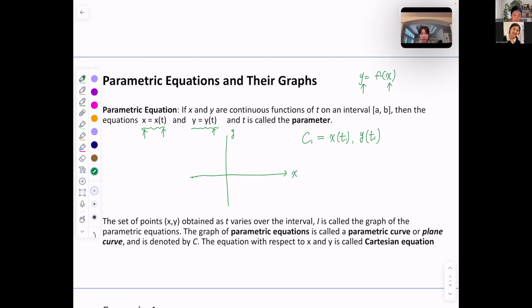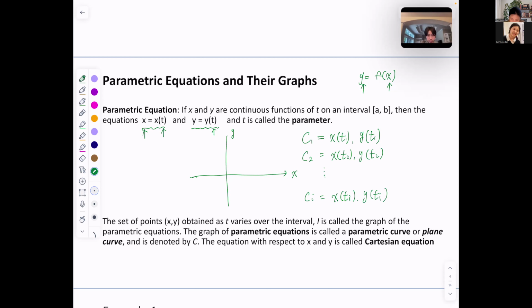Okay, so x and y, this is a function, but it also has another parameter t. Again, c2, x of t2, y of t2. It's continuing: ci equal to x of ti, comma, y of ti.